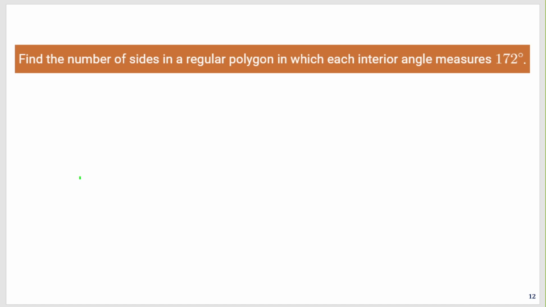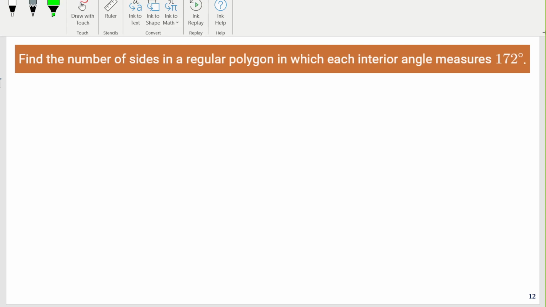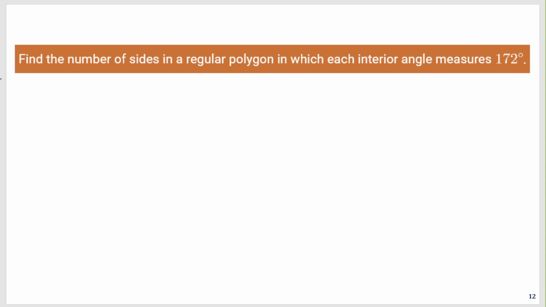Have you finished? Any ideas? Well, let's suppose the polygon has n sides.